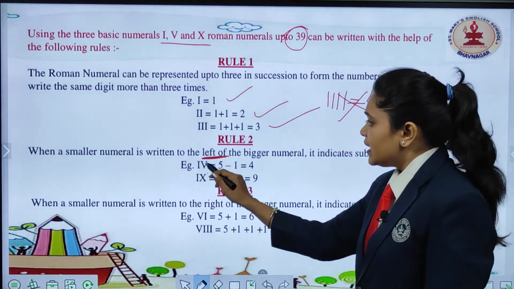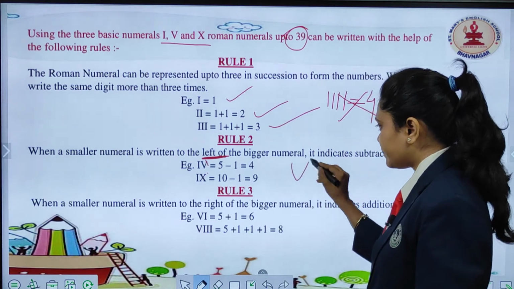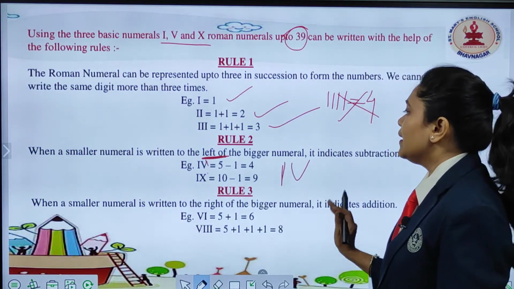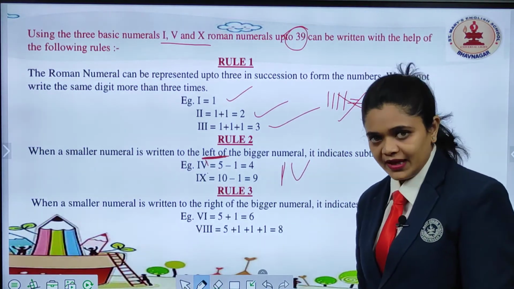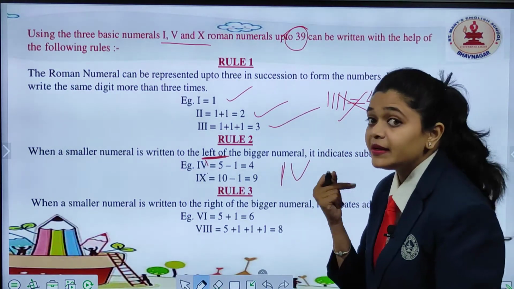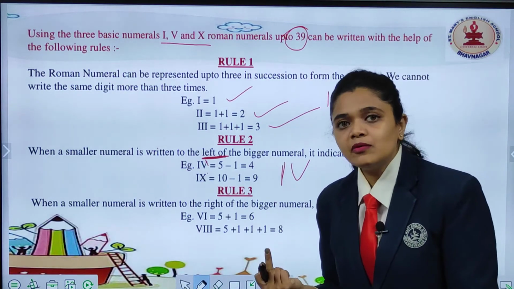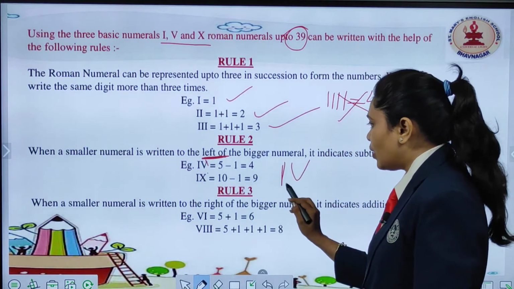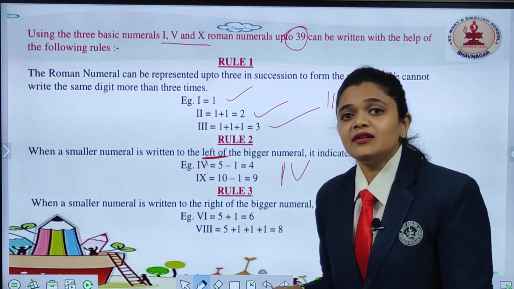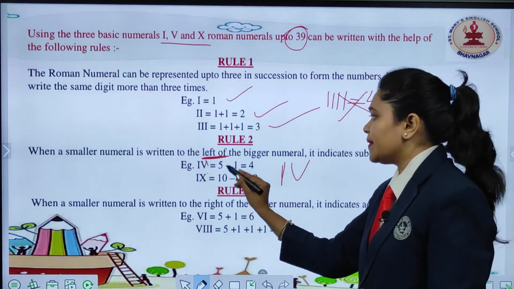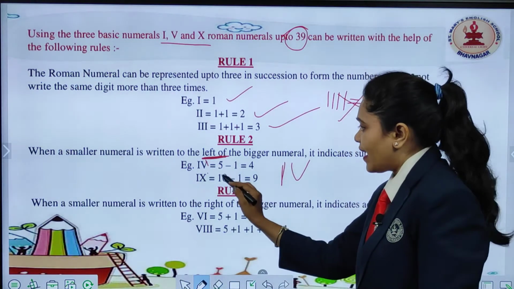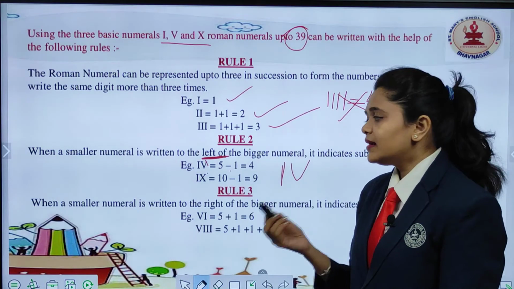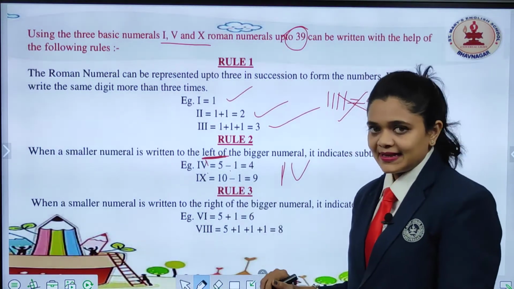Now, if we have this V and if I write I to the left hand side of V, I will get a new number. But how? According to the rule, when we write a smaller numeral to the left hand side of the bigger numeral, we have to subtract it. 5 minus 1 gives us 4. Other example, IX.